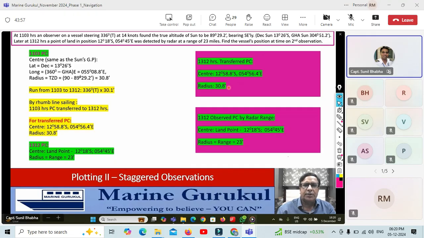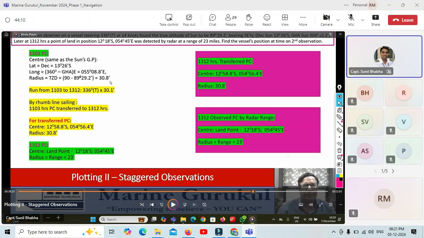The second position circle will be the observed position circle for 1312 with center as the point on land and radius as the radar range of 23 miles. So we have two position circles now. Both the circle centers and the radii are obtained. Now the only thing to do is plot these two centers, make these two circles, and the intersection point will give us the fix.